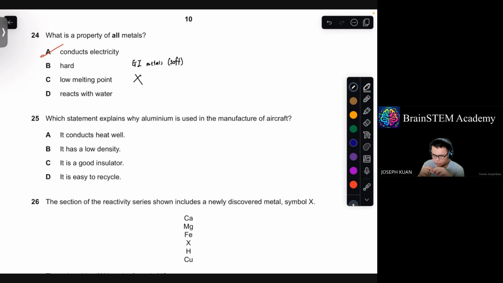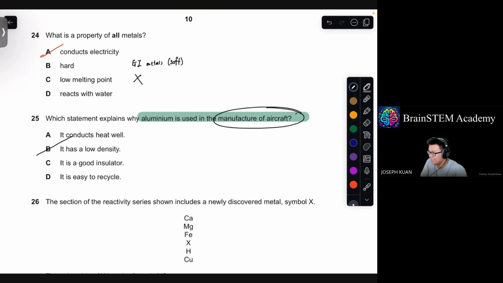Right, so 25. Which statement explains why aluminium is used in the manufacture of aircraft? Because it has a low density. So the answer is B for question 25. Even other options are possible, but you have to base it on the context. Why are we using it in aircraft?